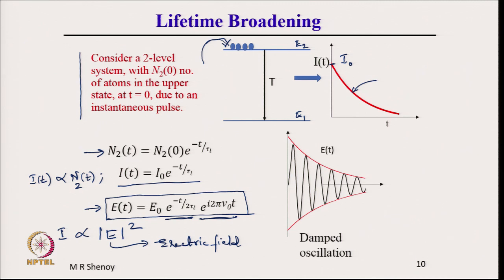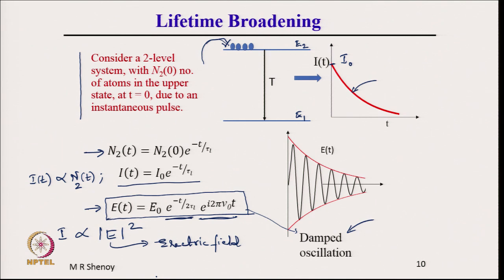So, it looks like a damped oscillation. If you plot this, it would look like a damped oscillation. The envelope is given by e to the power of minus t by twice tau L, and the oscillation is with frequency nu 0.